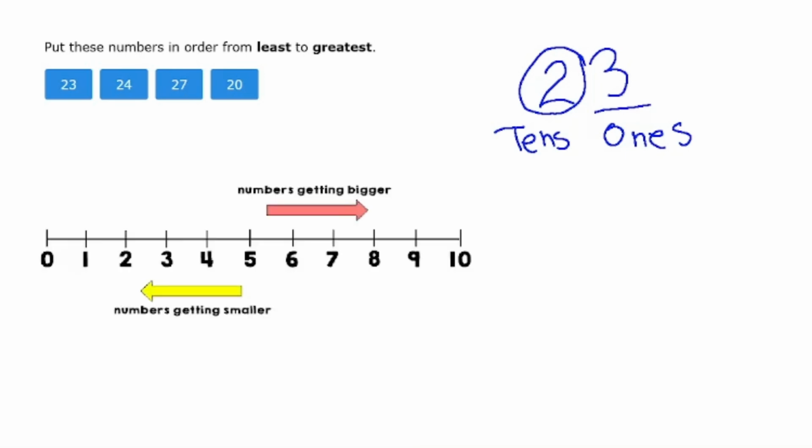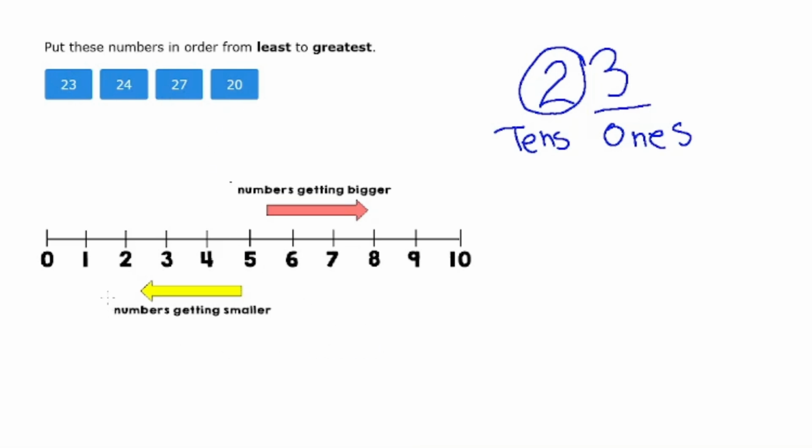So you take a look at the number line here, and in my previous video I explained that you look at the numbers going this way, the pink arrow, as getting bigger, and the numbers going this way, the yellow arrow, getting smaller. So we know that the 3, the 4, the 7, and the 0 are on this number line, right?